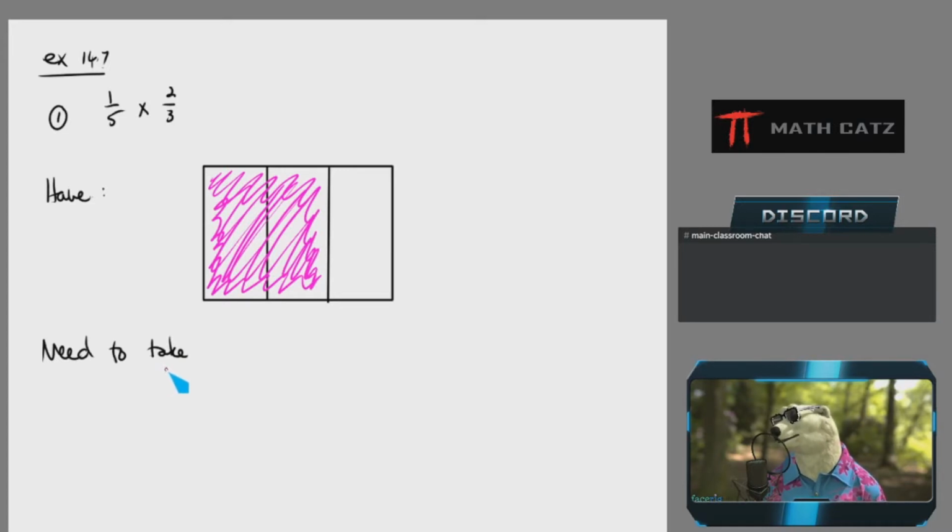I can't think of a nice intuitive word to use here, but it shouldn't be mixed up with, oh, this is take as well, so this is another version of subtraction. No, it's not. I need to take 1/5 of, I'm going to write it in pink, what we have. In multiplication, the first fraction is applied to what I have.